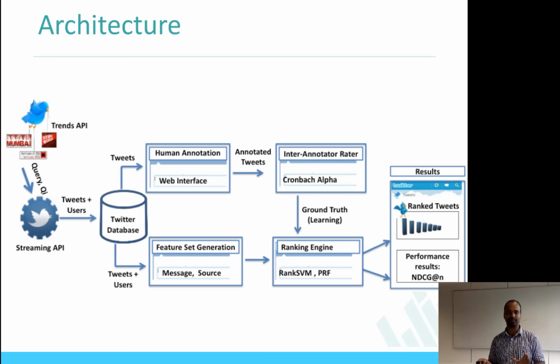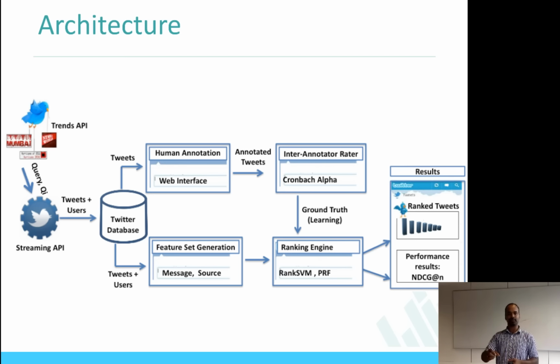I assume everybody now knows what a streaming API is, which is to collect data from social networks. Tweets are dumped onto the database. Then there is human annotation, which we saw earlier, annotating the posts as fake, generic, and true. Those are sometimes human annotated, and sometimes you could use some simple techniques to do the annotation.